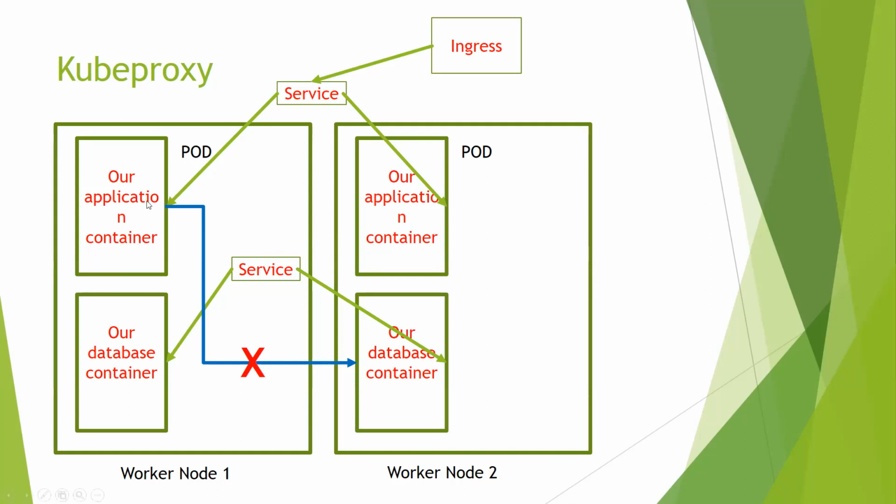So the traffic can leave this pod and go to node number 2, and the database is still reachable because the service is load balancing it. But that is a wastage of resources and it will add network latency. So what kube proxy does is, if it sees this pod is running here, it should connect to the database server on the same physical node.